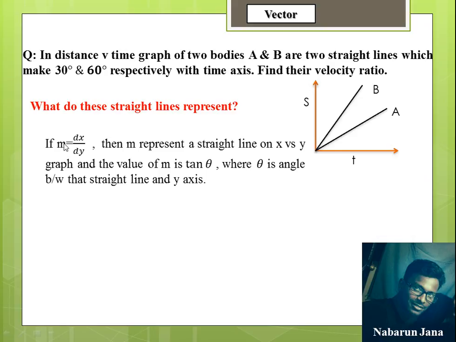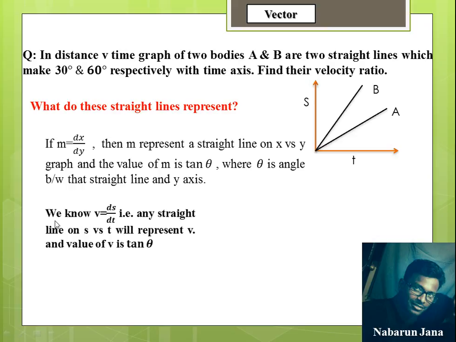Any straight line from the origin on an x versus y graph indicates m. And what is the value of m? From that graph you can get the value of m as tan theta. And what is theta? Theta is the angle between that straight line and the y axis.